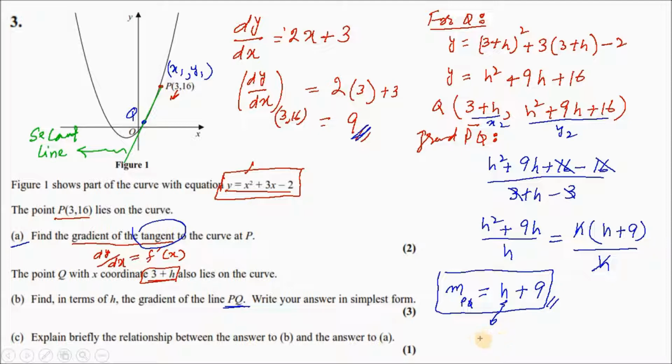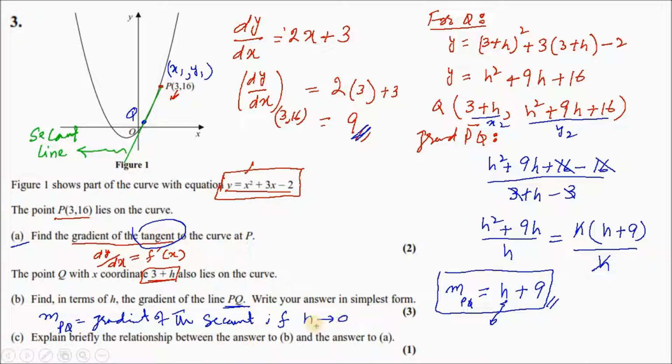Now if you make this h smaller, you can say that m of PQ is the gradient of the secant. If h is becoming, or you can say h is coming to 0, so h approaches 0. If you make h really small, it is not 0, it is really small.